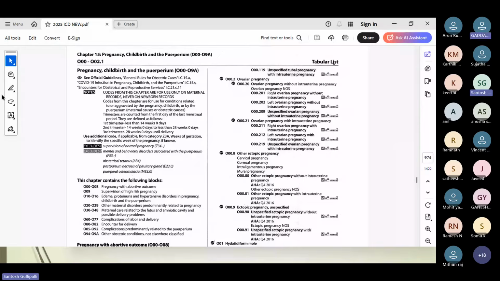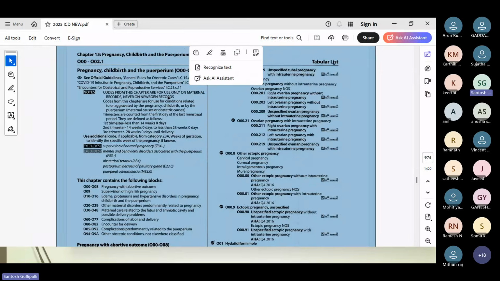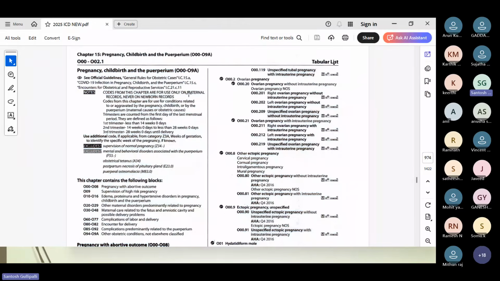See, in this book, the notes option is here. In the notes they are saying, codes from this chapter are for use only on the maternal record, never on the newborn record. In general notes, they give one instruction.